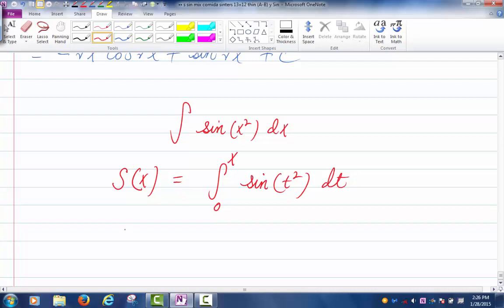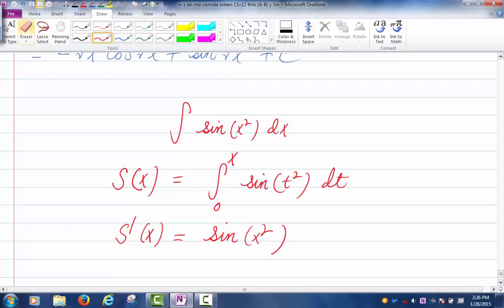By the fundamental theorem, what is the derivative of S? It's sine of x squared, right? So you see what I mean? There is an antiderivative, but can I write it in terms of usual functions? No, I can't.